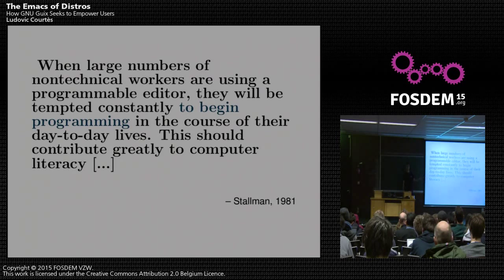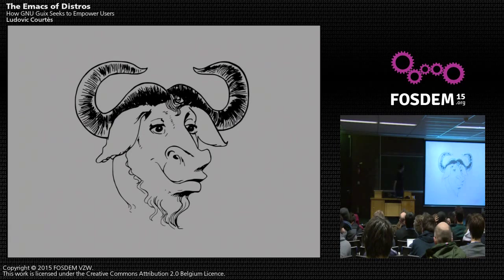So I think we have the same sort of situation with distributions. Emacs predates the GNU project, but if you look at the GNU project and the 4 freedoms, it's really the same spirit. It's trying to help emancipate computer users, put people in control and allow them to actually control the software. And again, that's what we're trying to do with the GNU Guix project.